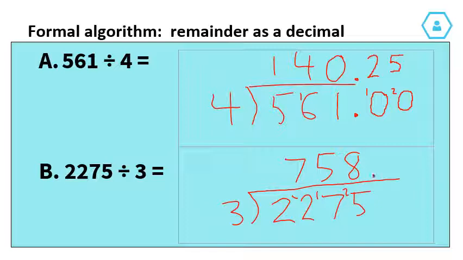I put a decimal point here and a decimal point here. I put a 0 here. And my remainder, so I've got 1 remainder, comes over here. So now I have 10 tenths. Now I'm going to divide that by 3. So 10 divided by 3, I should say, is 3, because 3 times 3 is 9.